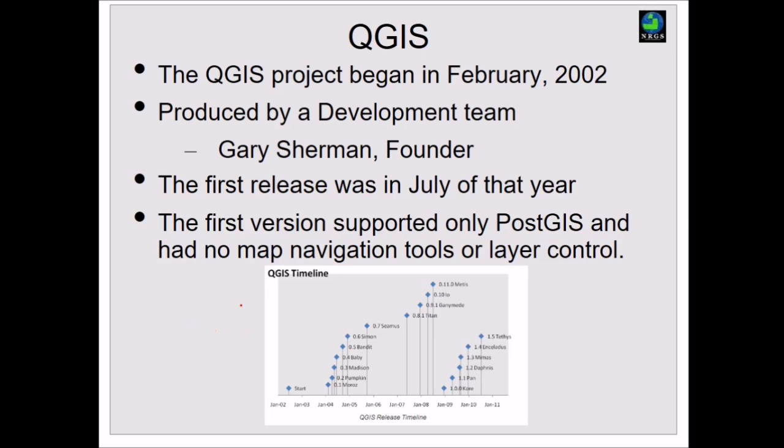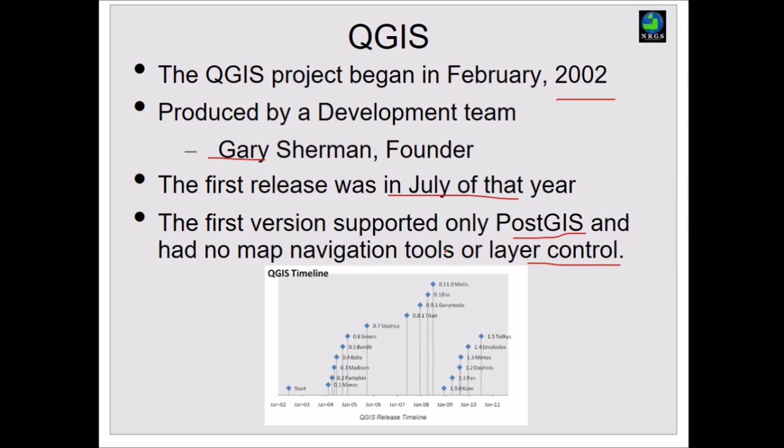The Quantum GIS project began in February 2002. It was produced by a development team led by Gary Sherman, the founder, and the first release was in July that year. The first version supported only PostGIS and had no map navigation tools or layer control.